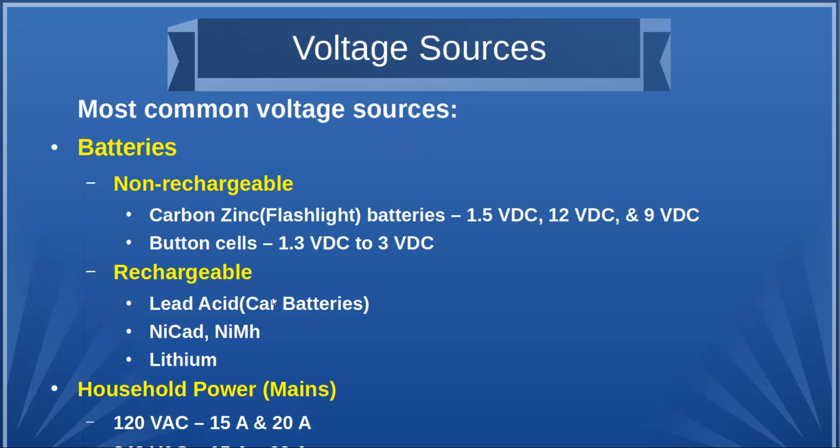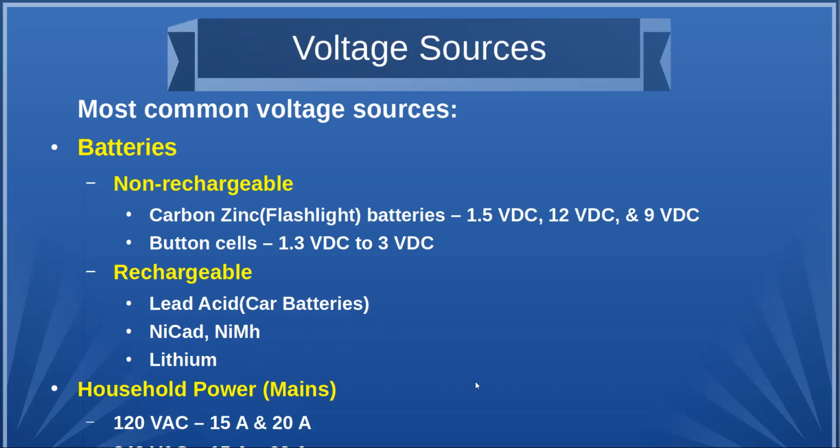The most common is the lead acid car battery. Everybody probably has one. Then they came out with nickel cadmium and nickel metal hydrides. Those are mostly replaced nowadays with different versions of lithium, lithium ion, lithium poly, lithium iron phosphate, all kinds.